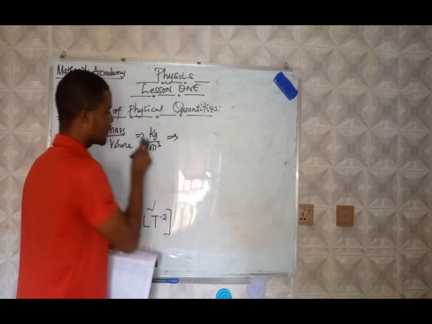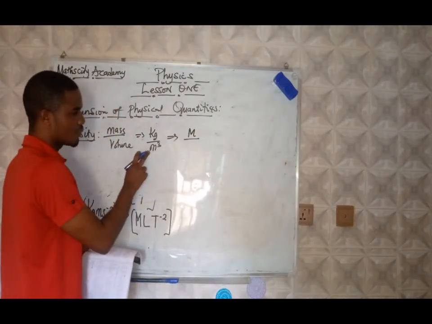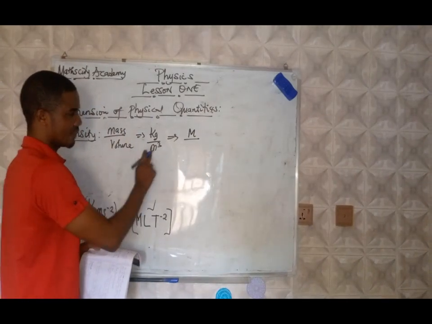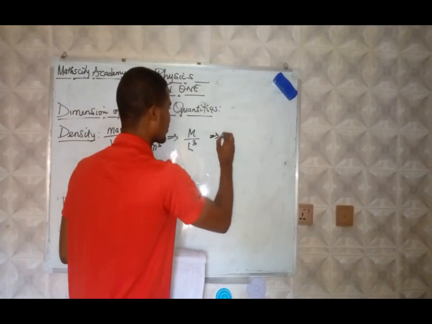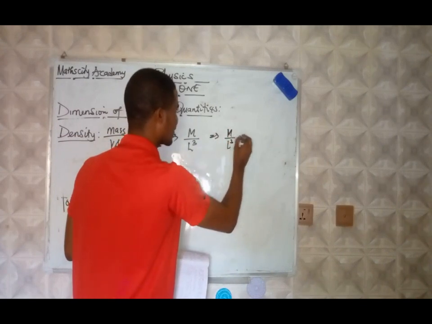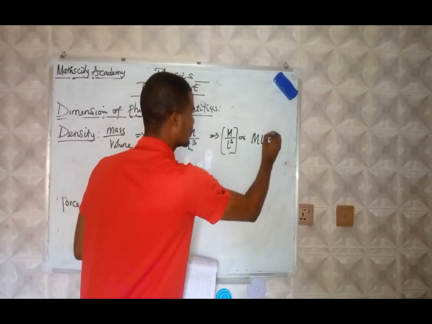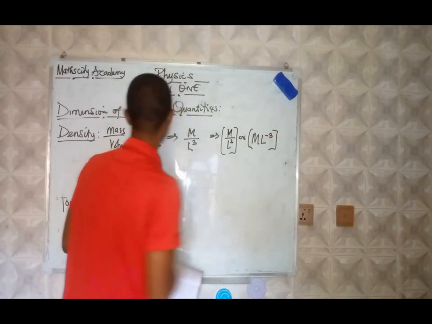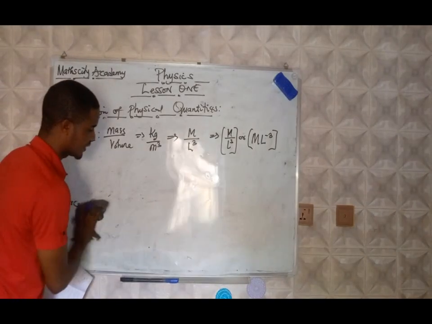So the dimension becomes kilogram belongs to M and meter cube belongs to volume, meter, L cube. So I'm going to be having the dimension as capital M over L cube, or M L raised to minus 3. This becomes dimension for density.